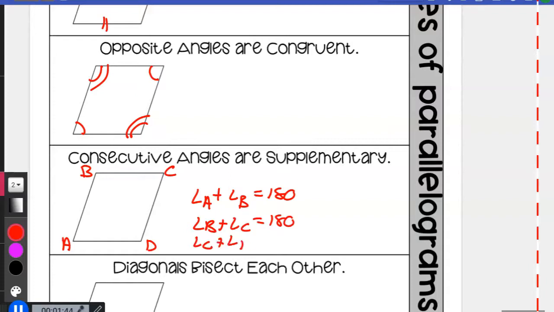Angle C and angle D added together equal 180. And one more: angle A and angle D added together equal 180. So consecutive angles. If you were to throw some numbers in there, you could have like 30 and 150, and then it would be 30 and 150.